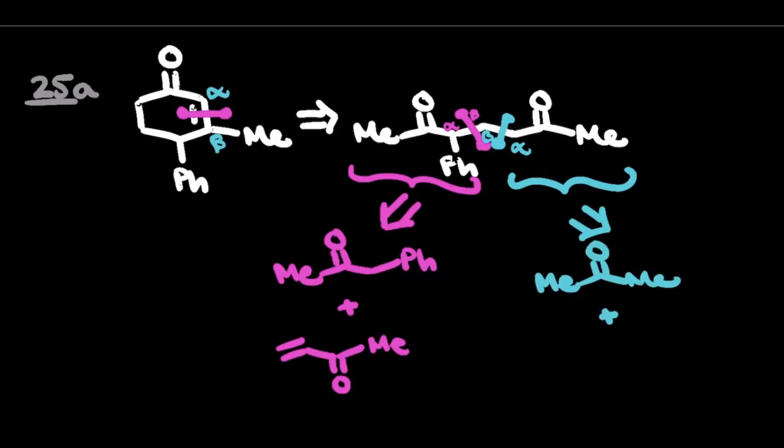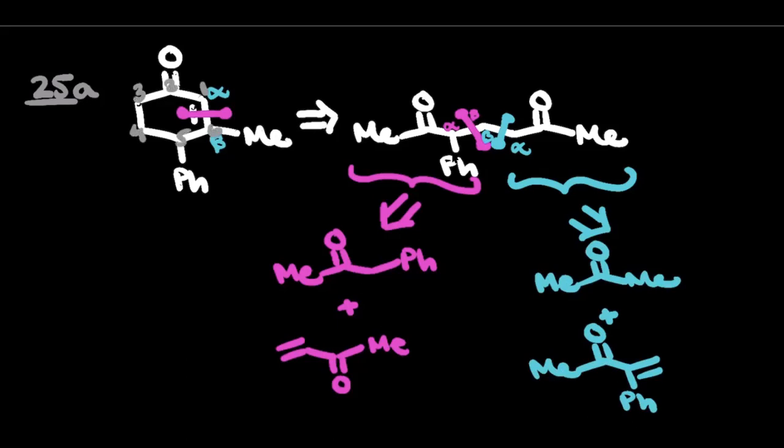And then this would be my alpha, beta unsaturated. Also, assuming I have, let me see, we'll just number it. We call this 1, 2, 3, 4, 5, 6.